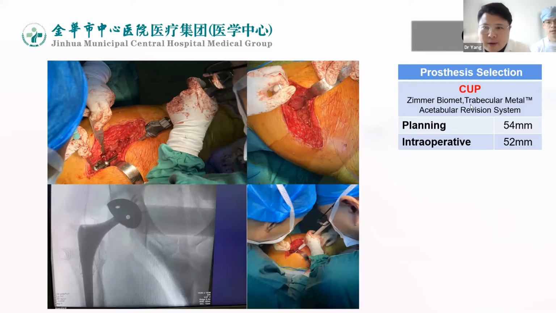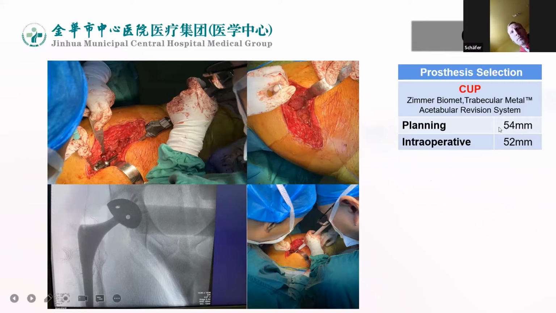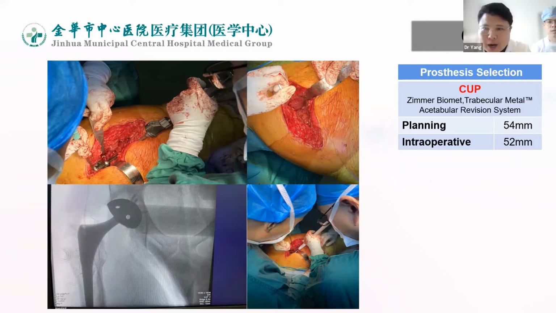In the operation we found the cup size was good, similar to the planning. We planned the cup at 54, and intraoperatively we fixed the cup at 52. And we implanted some autograft bone.